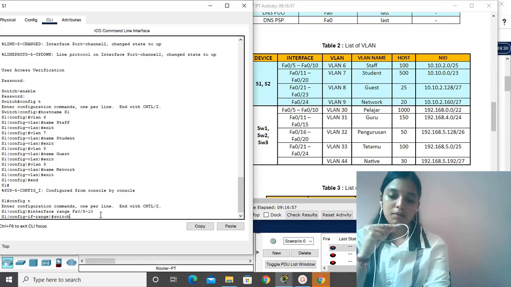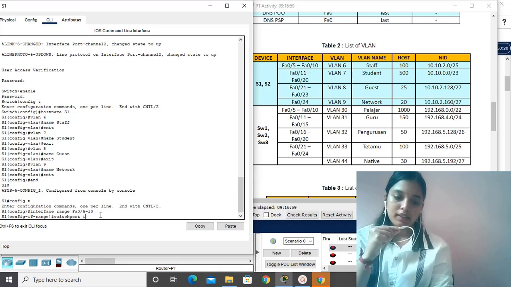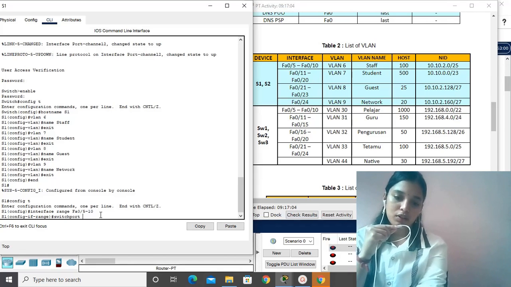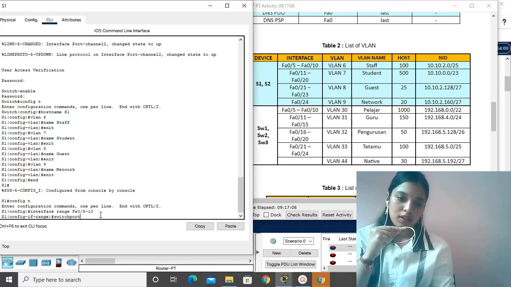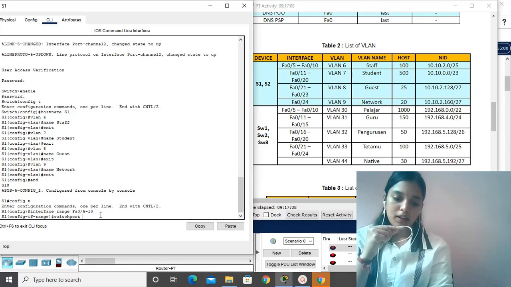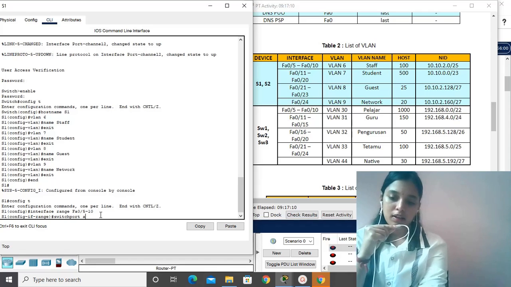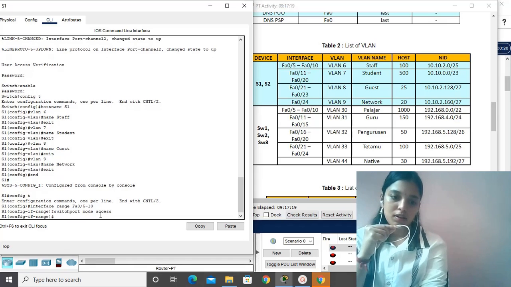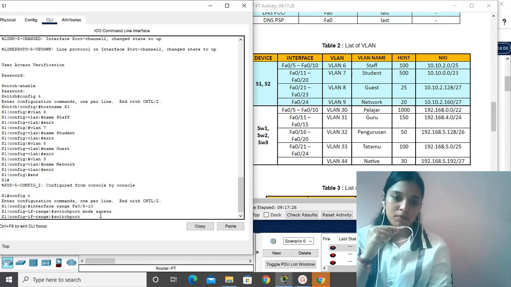Switch port mode access. And then switch port access.